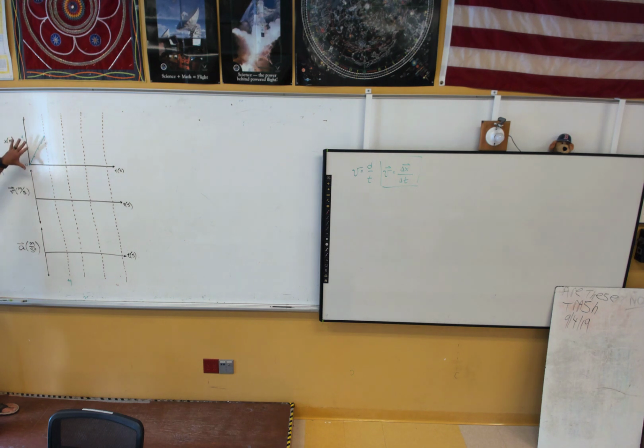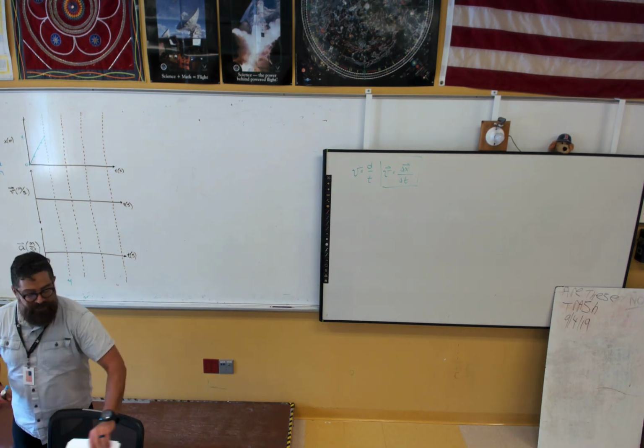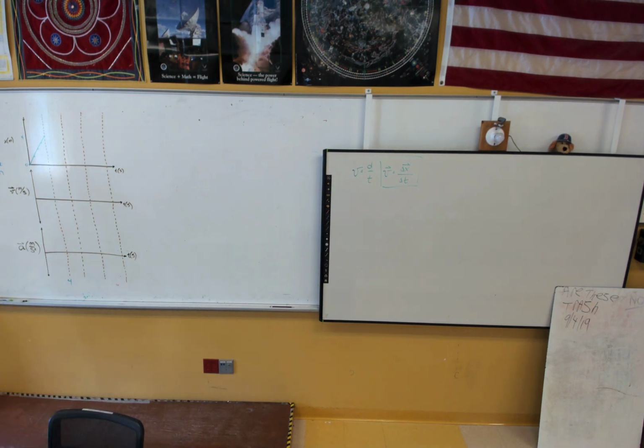I don't want you to pay attention to the numbers. Clearly the rise is 4. I started at 0 and I ended at 4. What variables are the rise? I want you to pay attention to what letters I should be using.